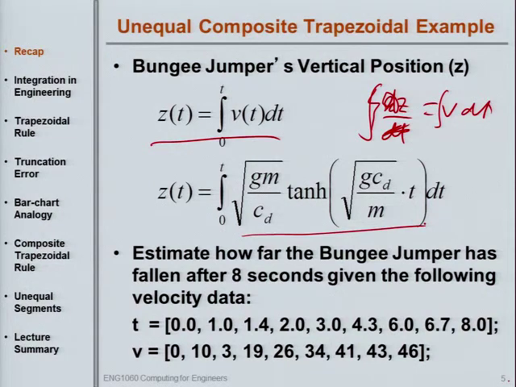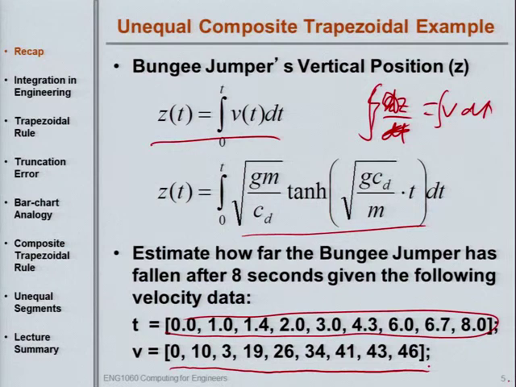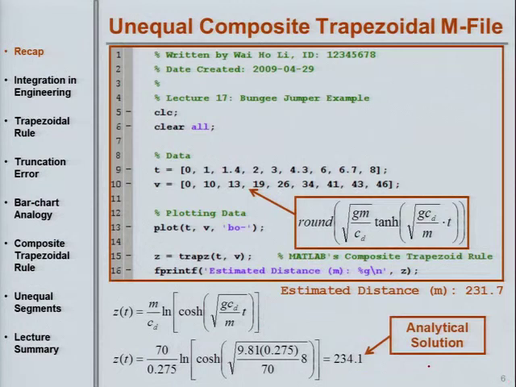So this is what our velocity is as a function of time. That's given to us as a function, and we're going to choose these points in time. And we're going to say, well, we've got these velocity measurements at this particular time. Let's use this discrete data that we've measured experimentally and apply the non-equal trapezoidal rule to it. So what we've done here is an extremely simple little bit of code.